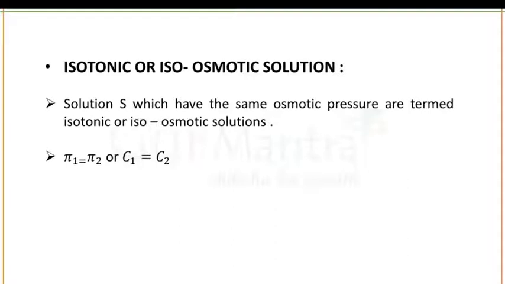Another important point is that in the case of isotonic or isoosmotic solutions, concentration is also equal, which means pi 1 is equal to pi 2, the osmotic pressure is equal, and the concentrations C1 and C2 of solutions S1 and S2 are equal.